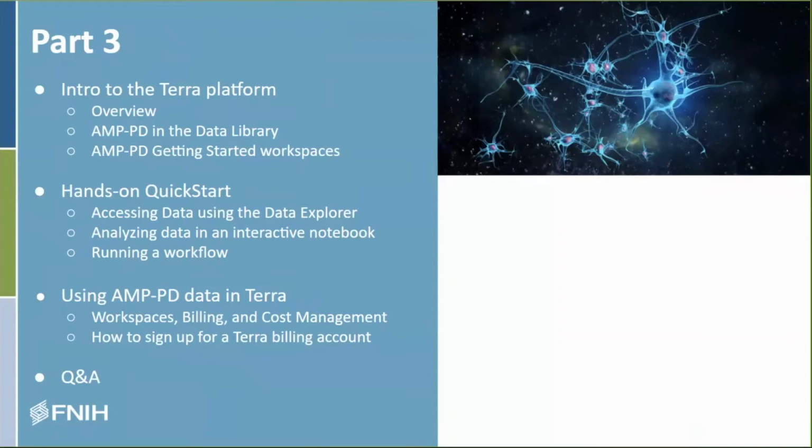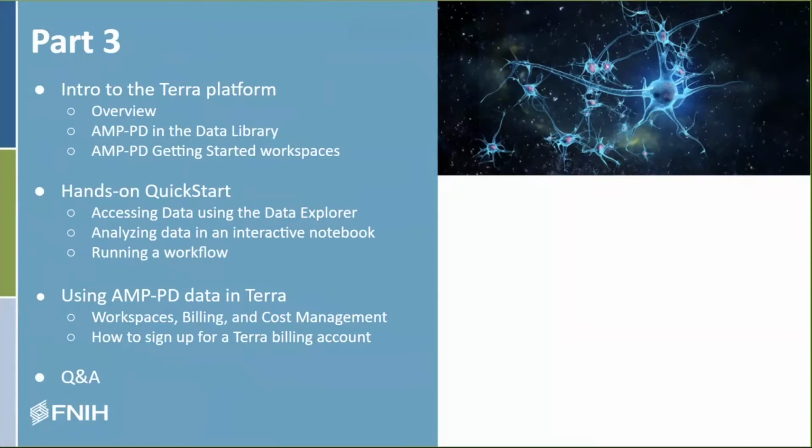When we're doing the hands-on part, there are 3 basic steps. First, we're going to go to the data library and use the Data Explorer to access some data. We're not going to use AMPD specific data. We're going to use some public access 1,000 genomes data, but it's very similar.